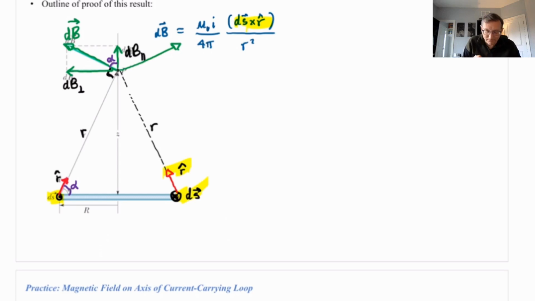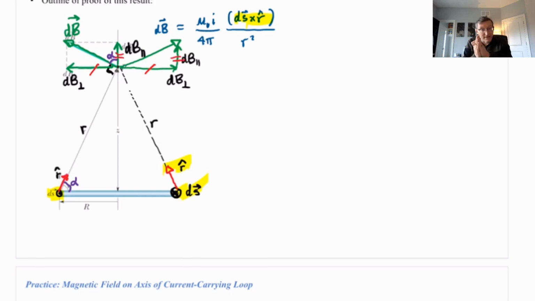just like that. I hope it's clear that there will be its perpendicular component, dB perpendicular, and there will be its parallel component, dB parallel. And these two perpendicular components of those two opposing elements cancel. But the parallel components add.